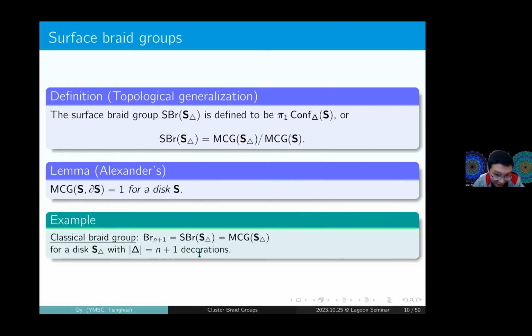So the classical case, the mapping class group of the disk with n plus 1 points equals the surface braid group, and also is the classical braid group. And also Artin gives the presentation showing that this is the braid group of type A_n. So that's the classical situation.